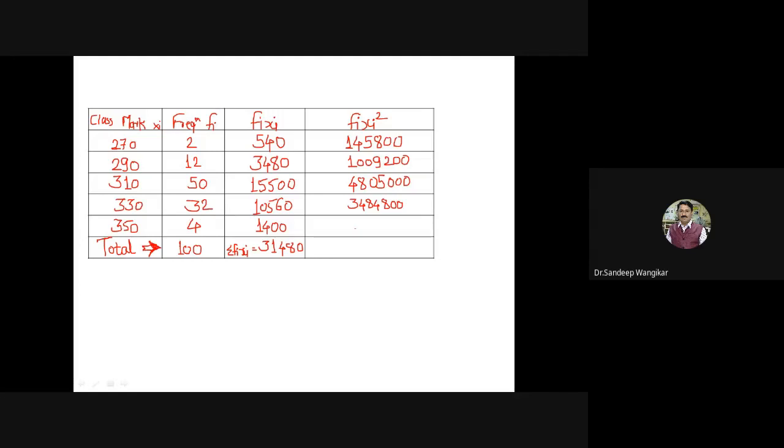So now if I go for addition of these 5, I will get summation fi xi square so that I can substitute in the formula. So calculate summation fi xi square.